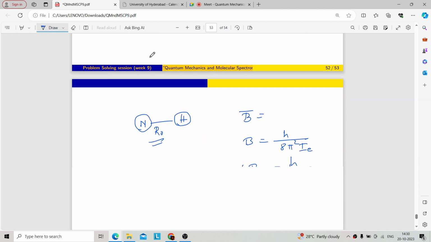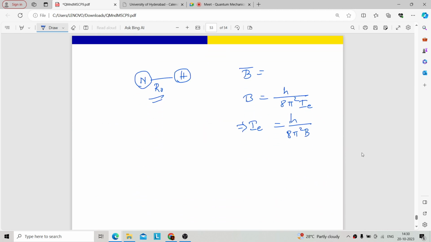So we need to convert this in terms of wave number. What we have to do? We have to multiply c in the denominator, and this B will be converted into V bar. So from this we will get the moment of inertia, right?